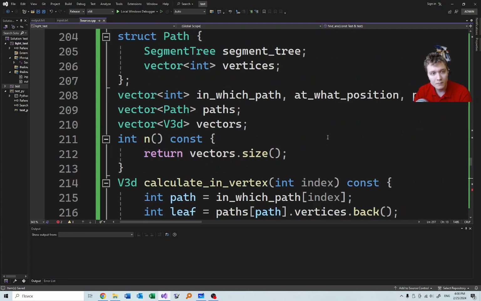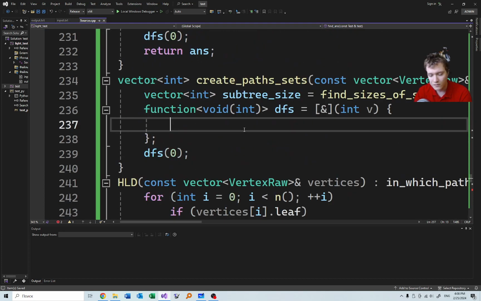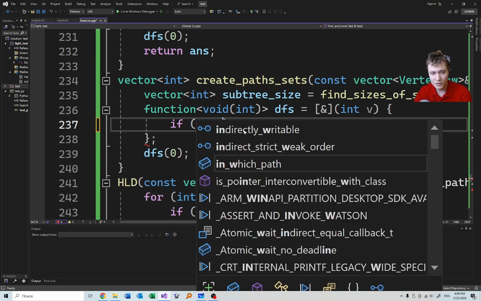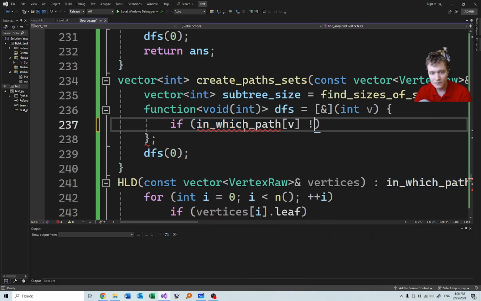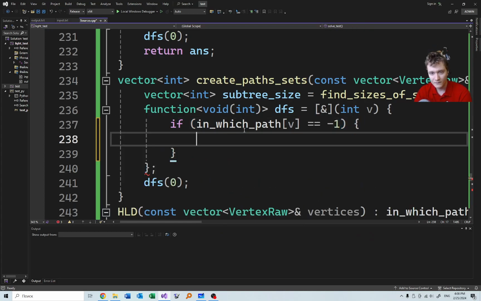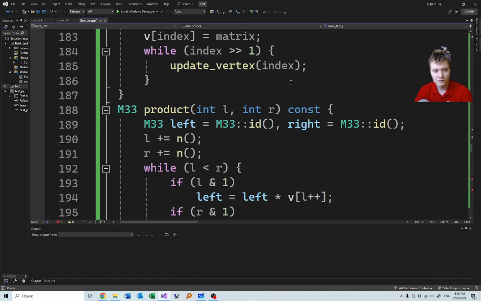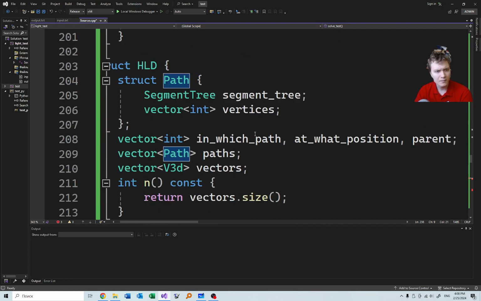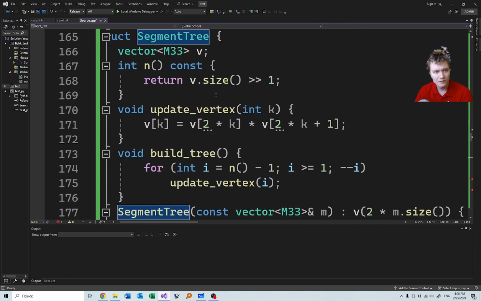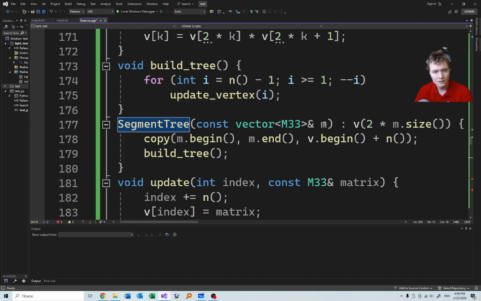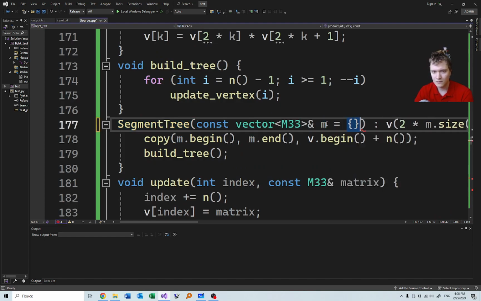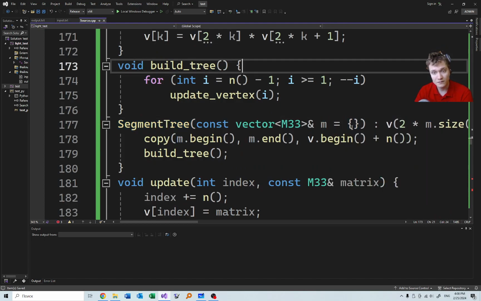If it is in some path, so if in which path v is -1, then we need to create a new path. We need to make an empty segment tree here, but it is fine to do.